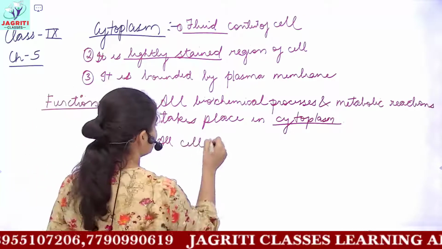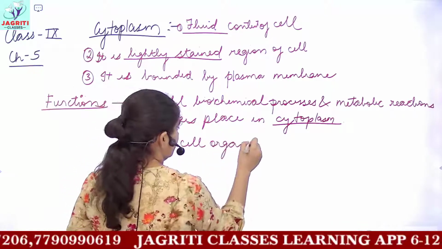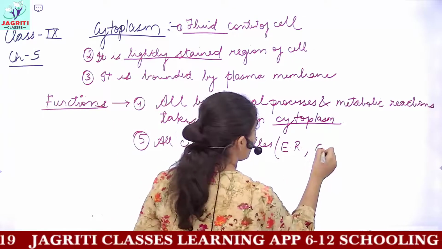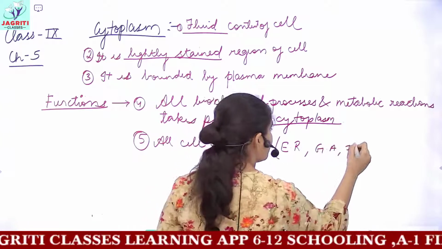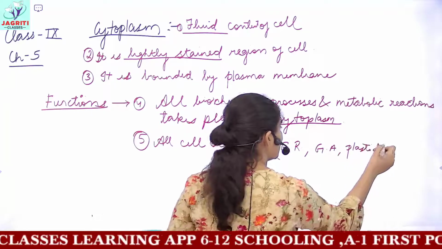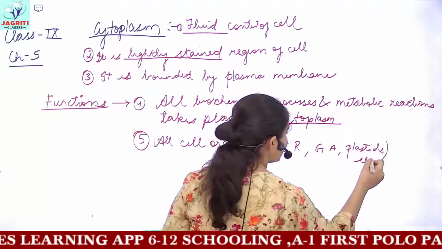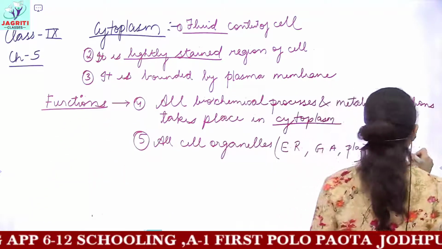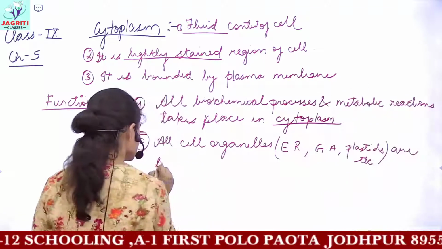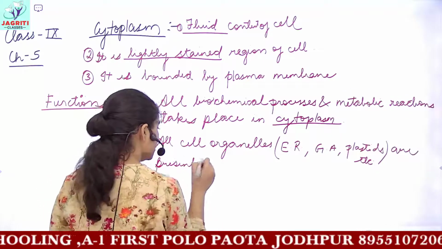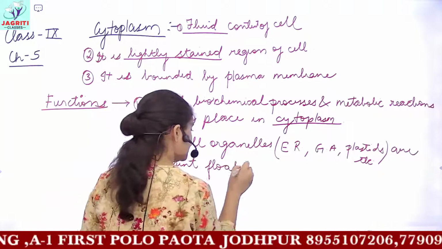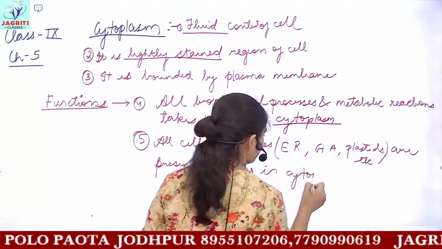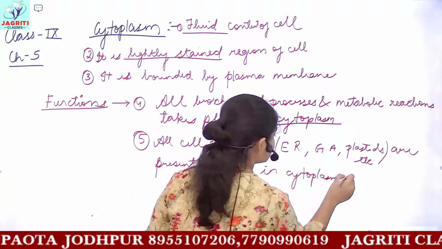So all the cell organelles, for example, you can write endoplasmic reticulum, then you have Golgi apparatus, then you have plastids, lysosomes, mitochondria, anything you can write. So all these cell organelles are present floating in cytoplasm.